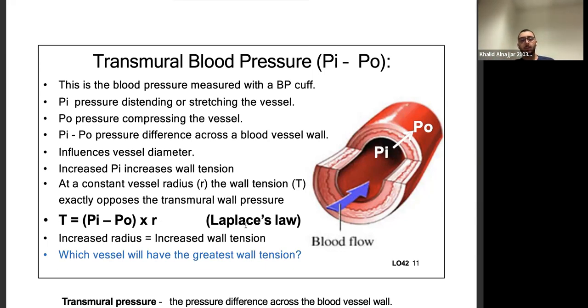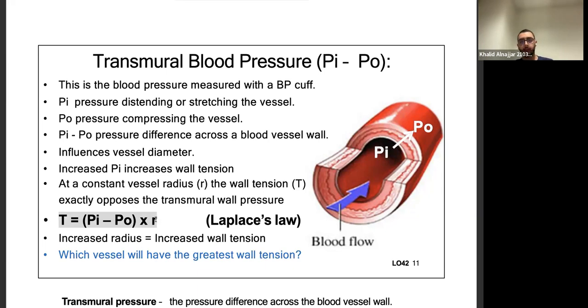And this is basically called Laplace's law. This scientist came up with this equation, which states that the wall tension equals the transmural blood pressure multiplied by the radius. So hypothetically speaking, again, if we consider the radius to be constant, it will not change.